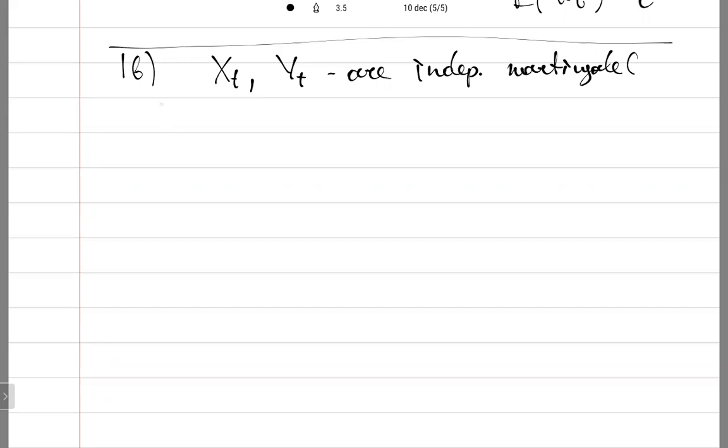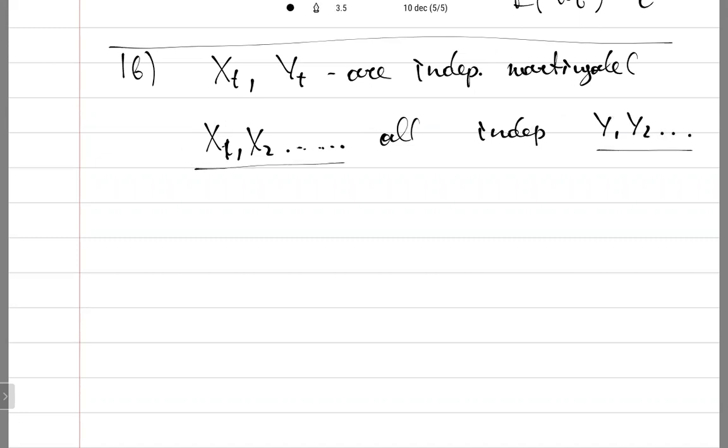So let's imagine that we know that X1, X2, all X are independent of all Y. Let's imagine the case when all X and all Y are independent.